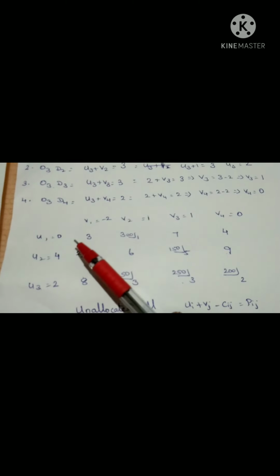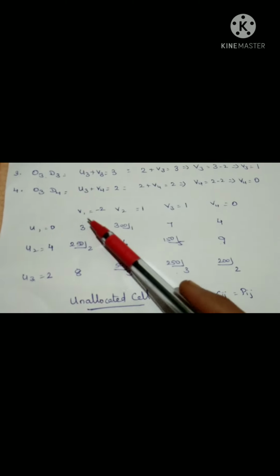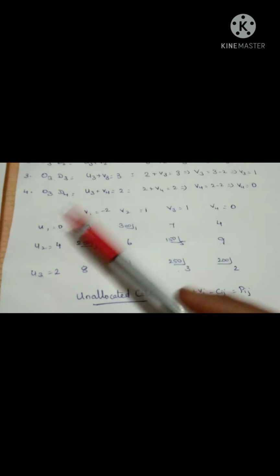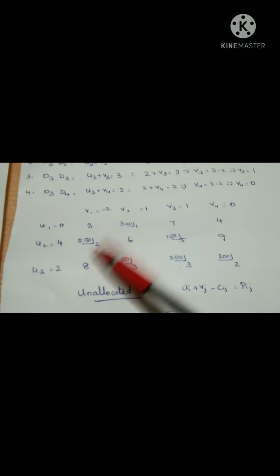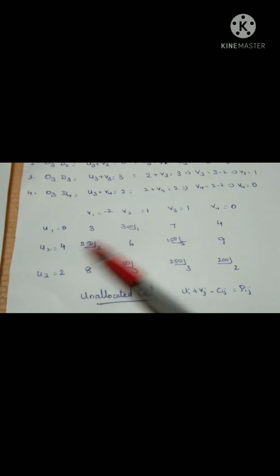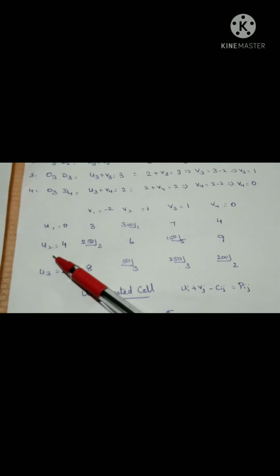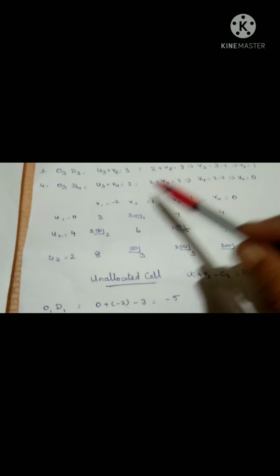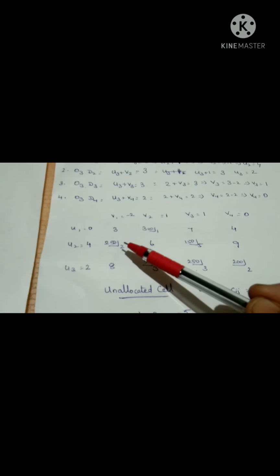Here the unallocated cells are O1 D1, O2 D3, O3 D4, O2 D2, O2 D4 and O3 D1, that's all. So these are the unallocated cells.